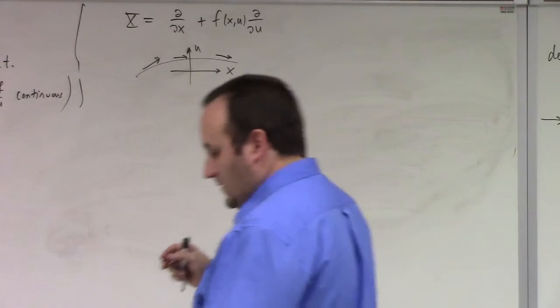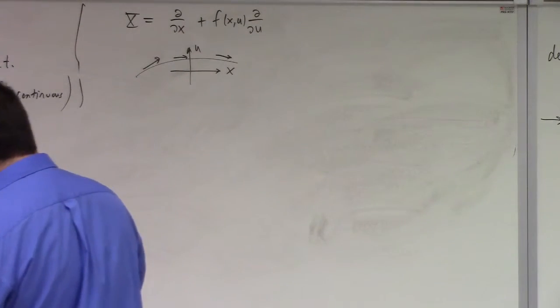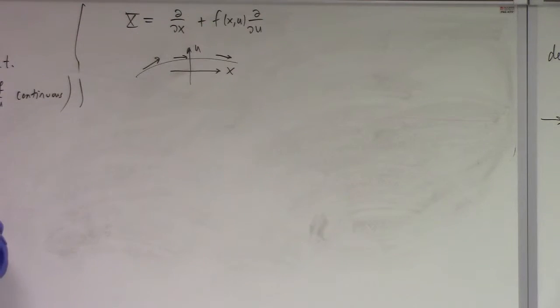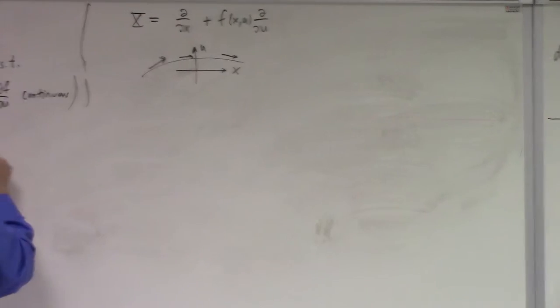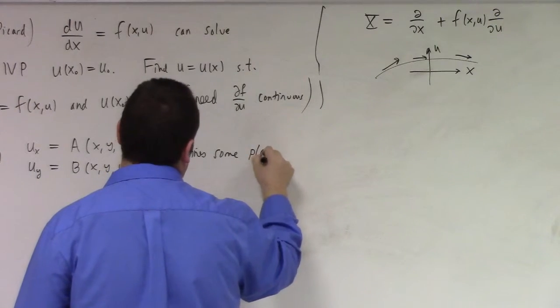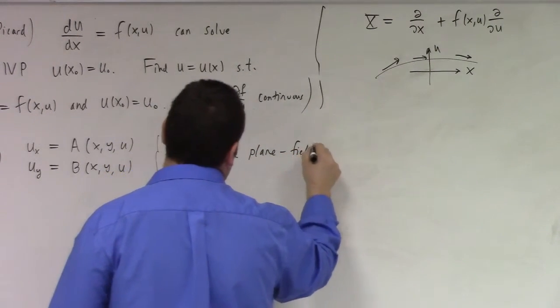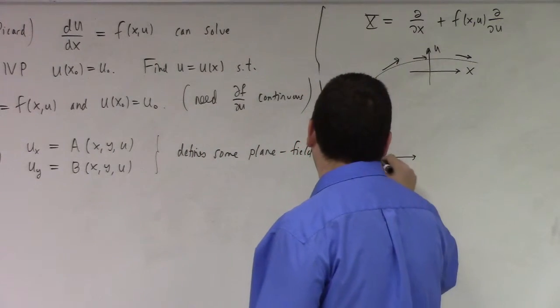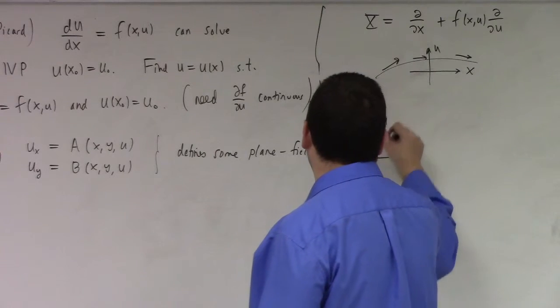Now, this would then consider, well, what would this define? This would define some plane field. If you think about it, basically think of u as z geometrically, okay?